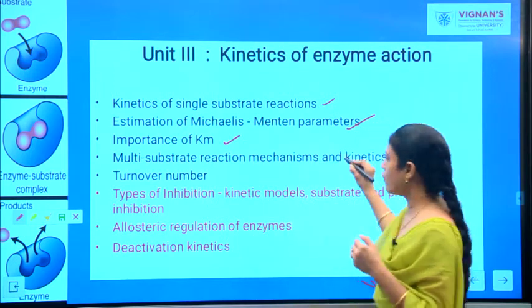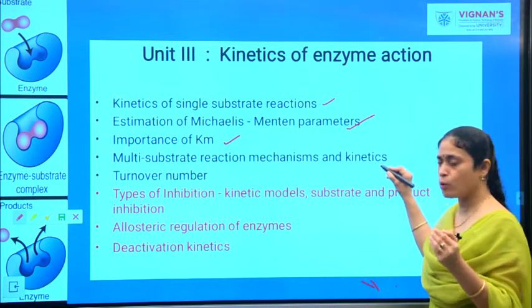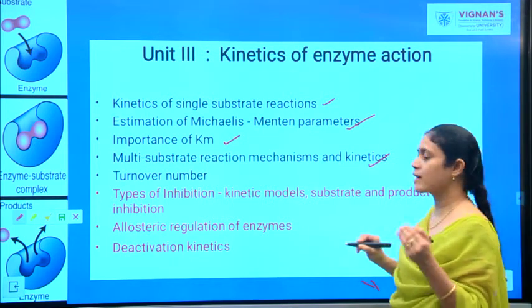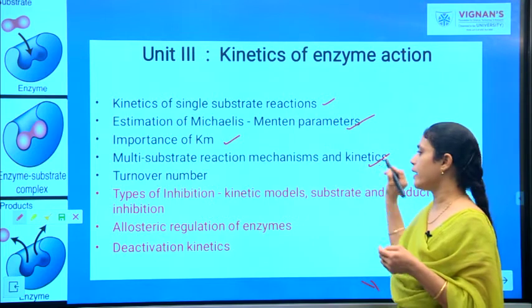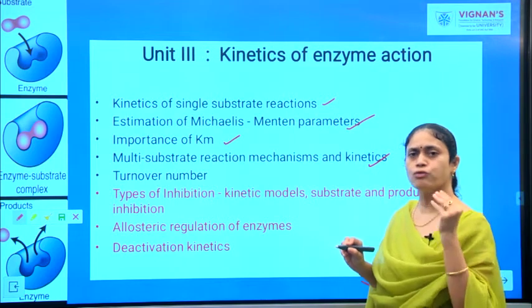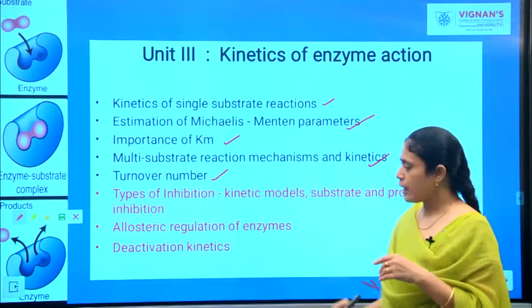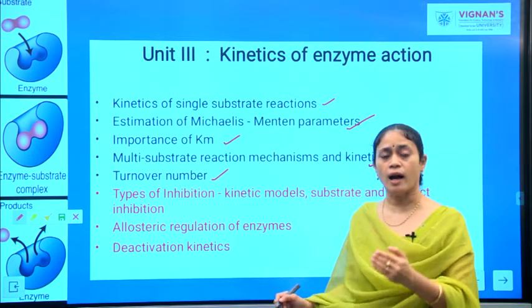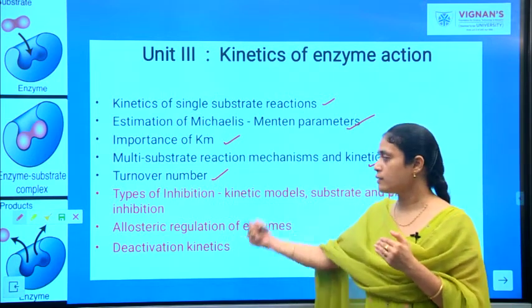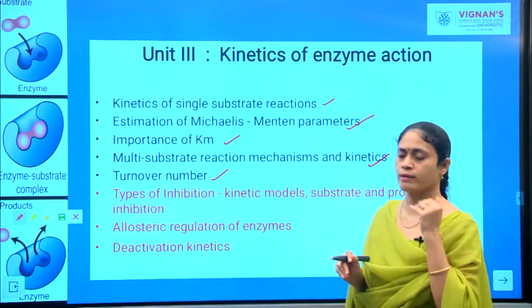We have also studied multi-substrate reaction mechanisms and kinetics, and we focused upon the turnover number also. In the present sessions, we are going to study the remaining topics of Unit 3.